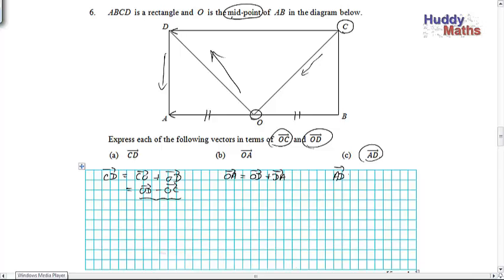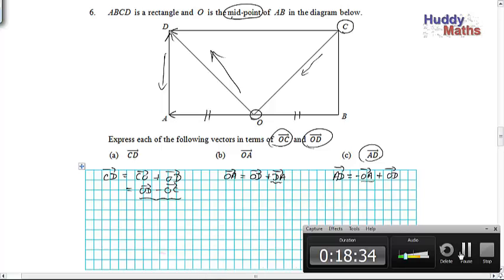AD, if you do AD first, going up to AD, that's the same as minus OA plus OD. Okay, so really what we're about here is trying to get rid of one of those. So we want OC and OD, and we can choose to do DA or OA. So if you do DA, let's have a look at what you get.